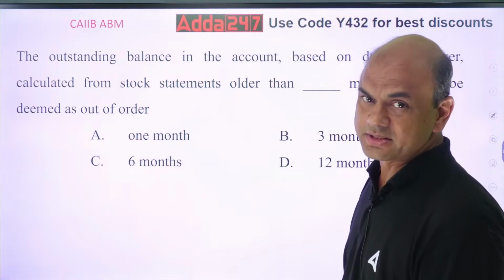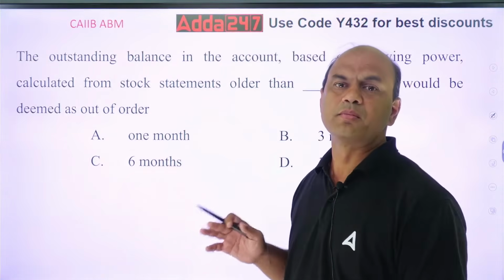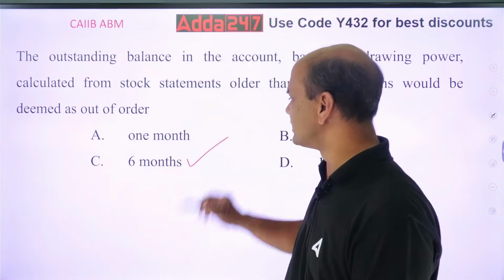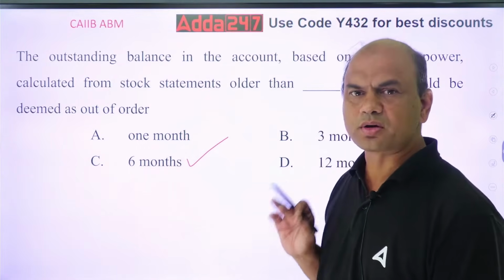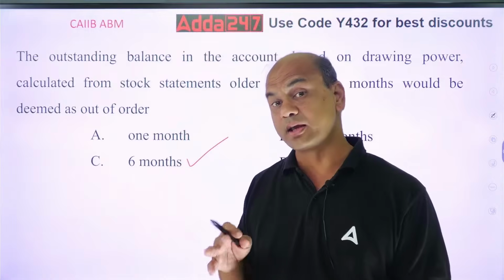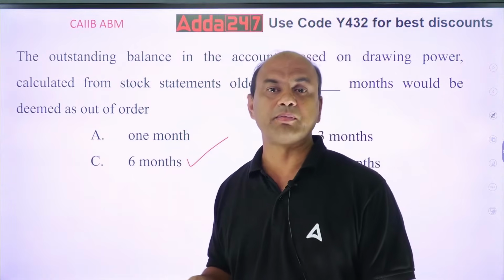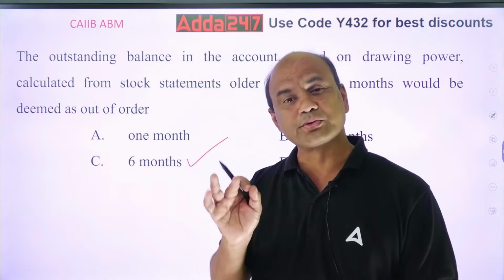It depends. Every bank will have a specific criteria of their own. But generally, what is accepted in banks is 6 months. Up to 6 months, you can consider the stock as okay. But again, it depends on the business. If I am a vegetable vendor, a 6 months stock is of zero use to me.